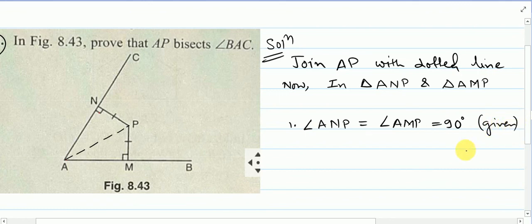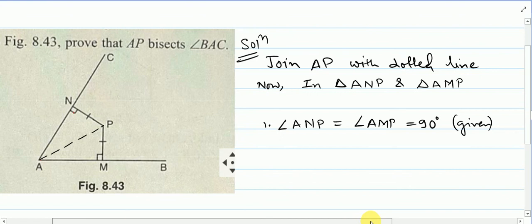So this is done, and here you can see that these two triangles are right angle triangles. The side opposite to the right angle is called the hypotenuse. So the hypotenuse for this one is AP, and the hypotenuse for this triangle is also AP. So the hypotenuse is common.